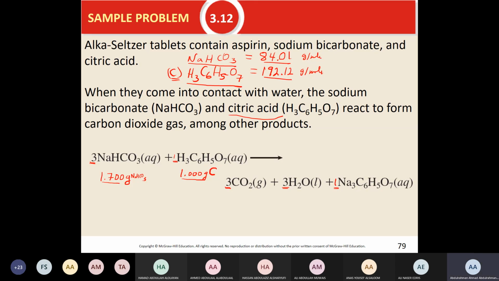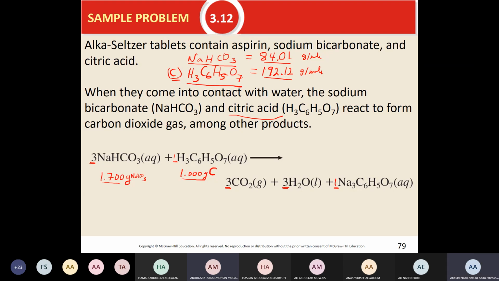Is it the one which is less? Is it 1.000 gram citric acid? We should convert it to the mole first. We cannot compare by gram. We have to change it to moles. Okay, give me answers for mole. This is mole of what?